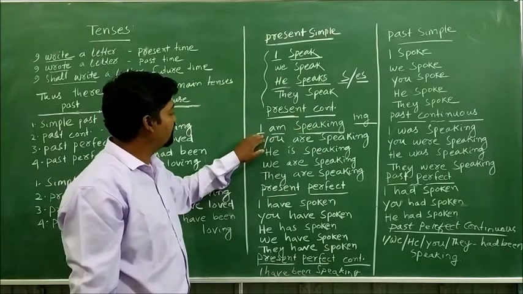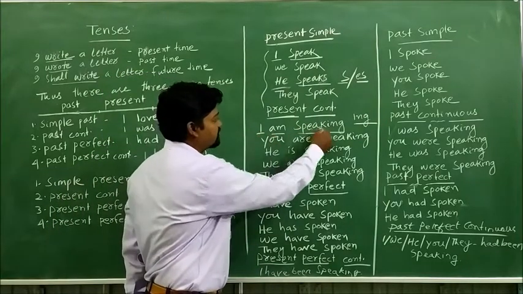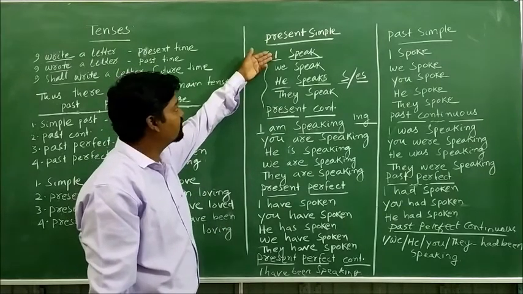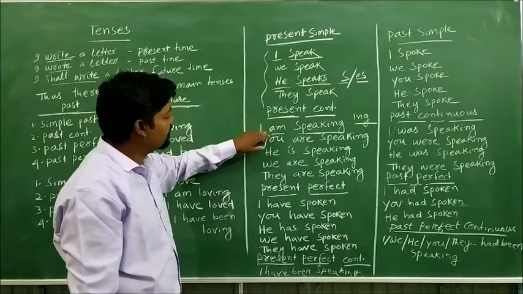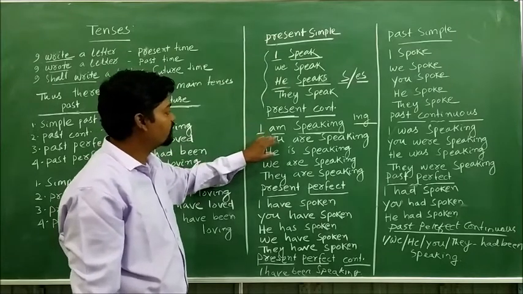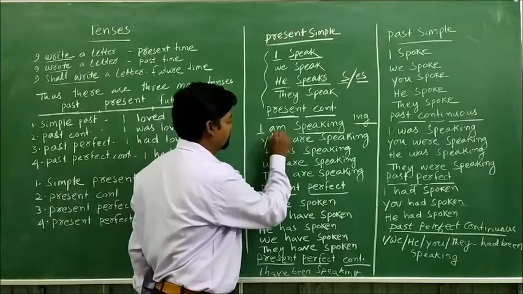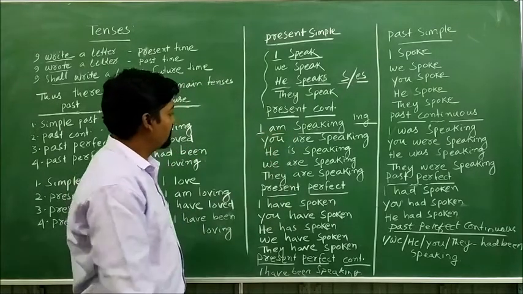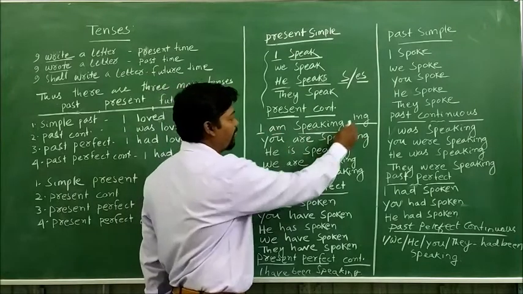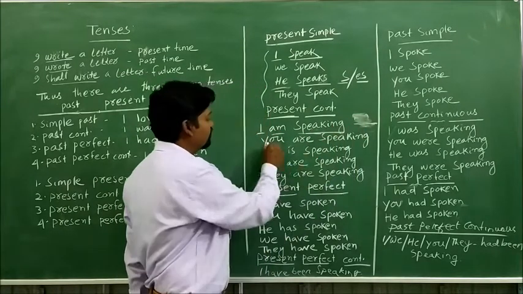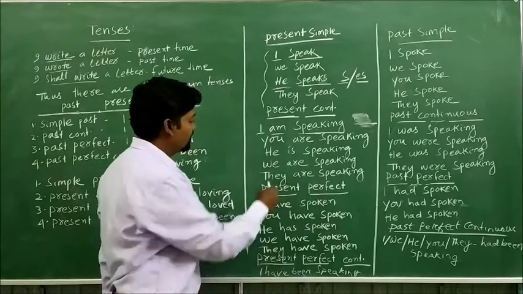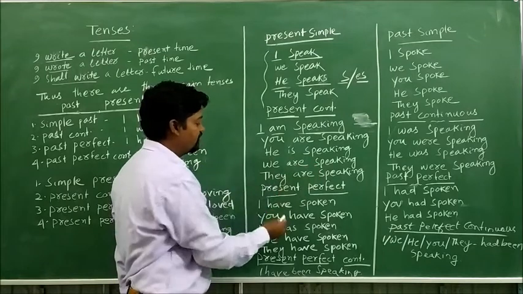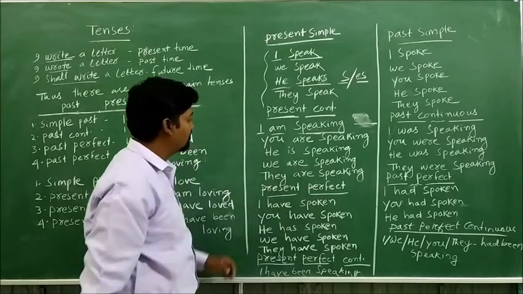I speak is simple present, but in present continuous we take the helping verb: is, am, are. I am speaking. You are speaking. He is speaking. We are speaking. They are speaking.